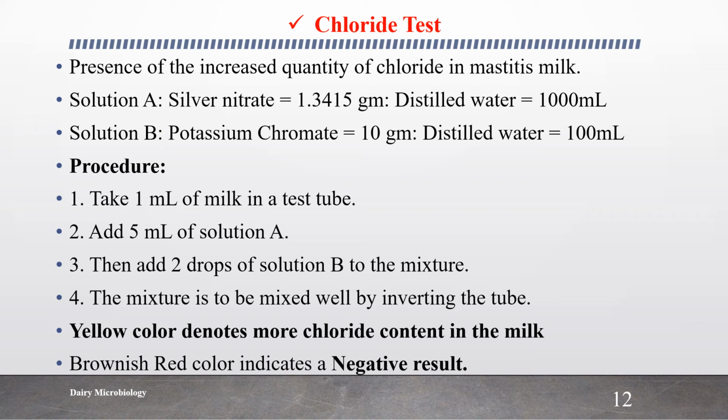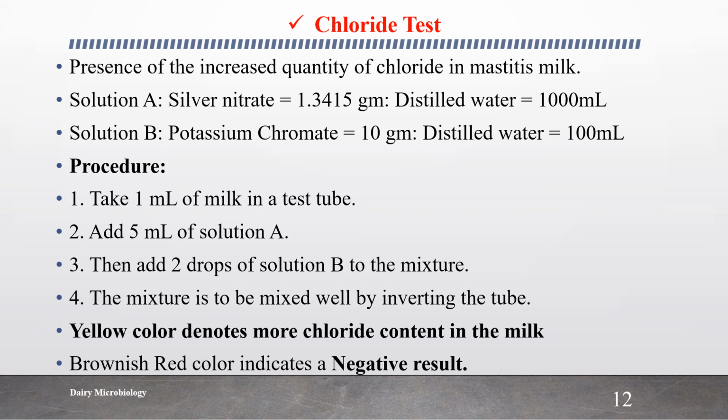Chloride test. This test demonstrates the presence of increased quantity of chlorides in mastitic milk. In this test, two solutions are used. Solution A, which contains silver nitrate, and solution B, which contains potassium chromate. So, in procedure, take 1 ml of milk sample in a test tube.